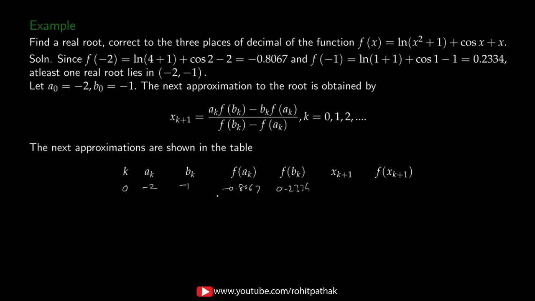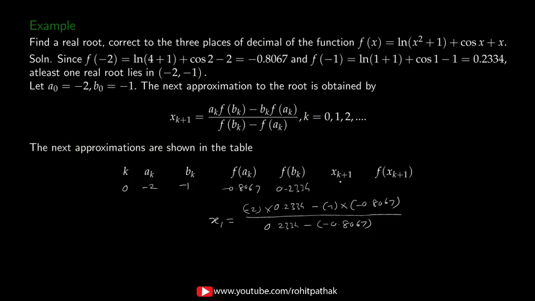How to find x1? x1 is a0, that is minus 2, into f(b0), which is 0.2334, minus b0, that is minus 1, into f(a0), which is minus 0.8067, divided by f(b0) minus f(a0), that is 0.2334 minus (minus 0.8067). When you solve this, you get x1. It's very simple. In a particular step, you have to use these 4 values in this formula to get x(k+1).